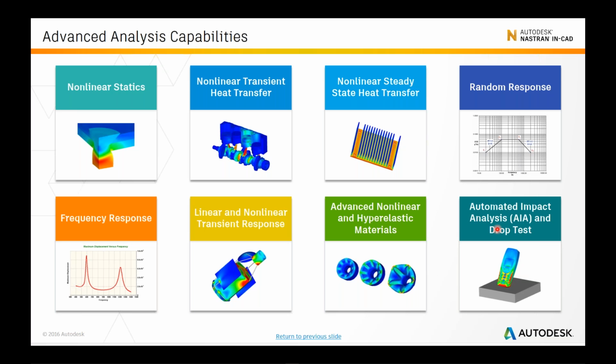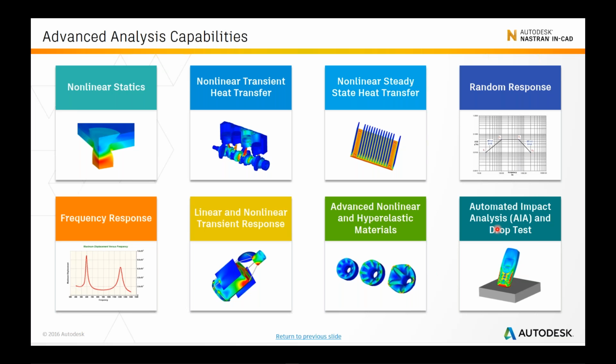Advanced non-linear and hyper-elastic material capabilities allow simulating rubber type materials, provided you have the material properties for it. And automated impact analysis, like a drop test: you just show the direction, you come up with the velocity at which it is falling, or it could be free falling under gravity.